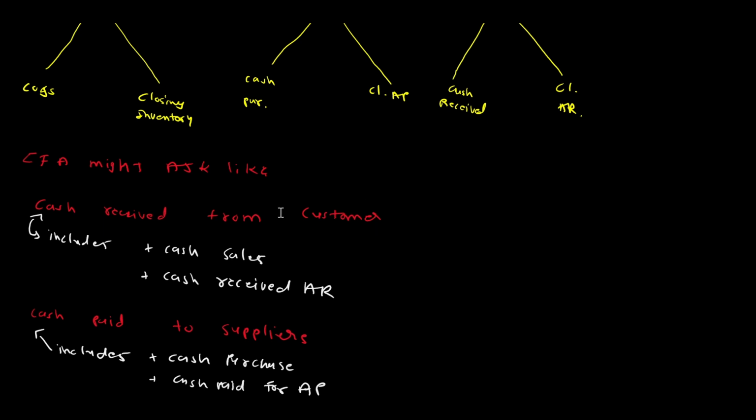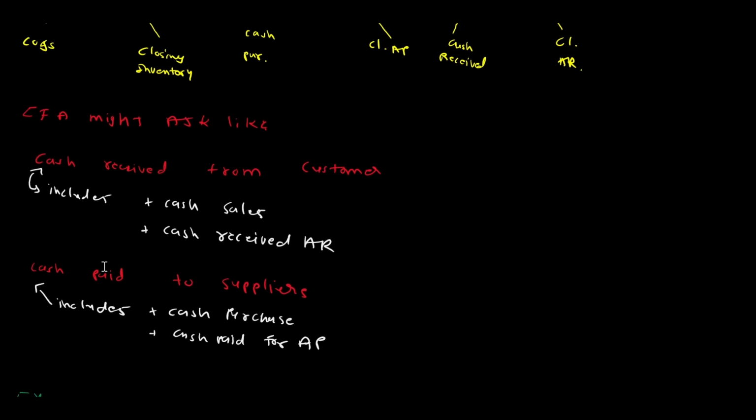Cash received from the customer means cash sales plus cash received from AR. You need to combine both answers. And the same for cash paid to the supplier: cash purchase plus cash paid for the AP, accounts payable. Both combined give the cash paid to suppliers.